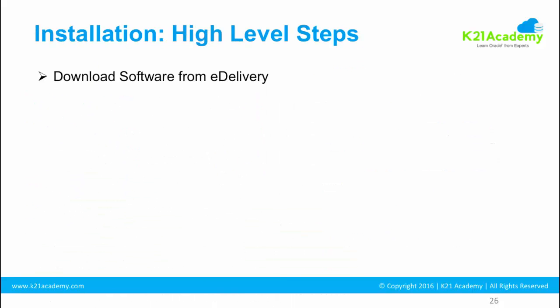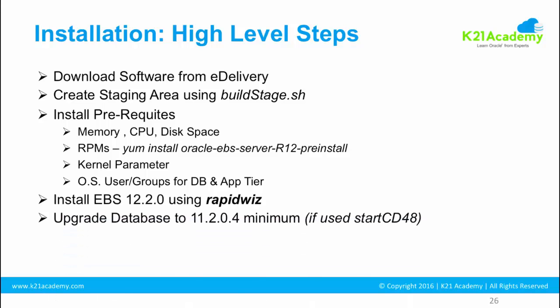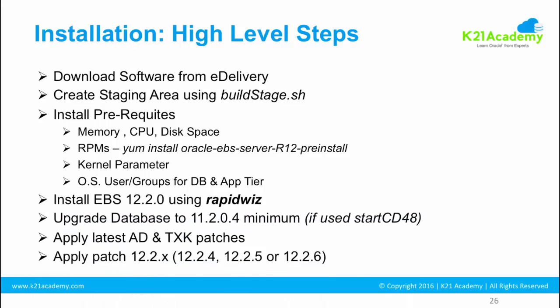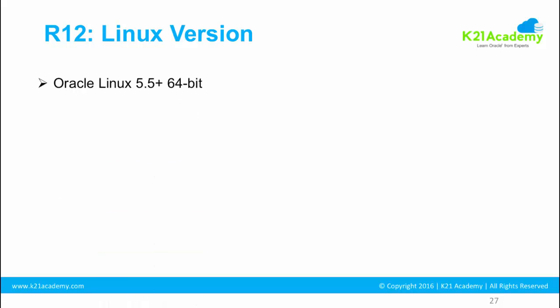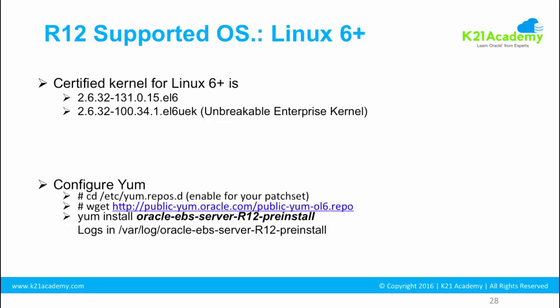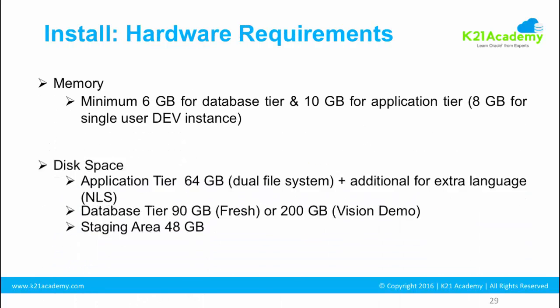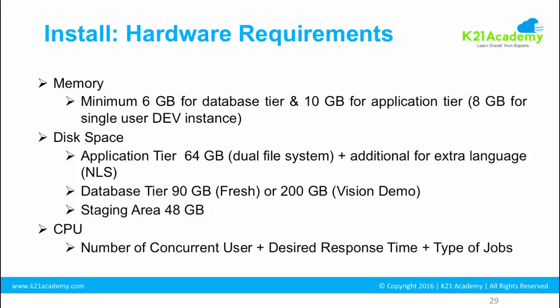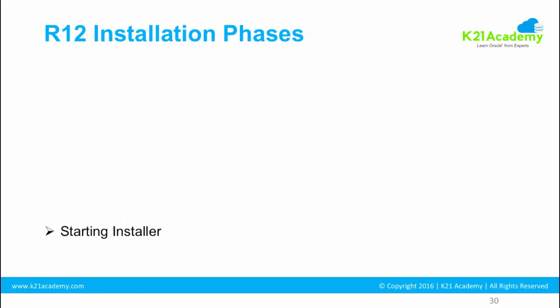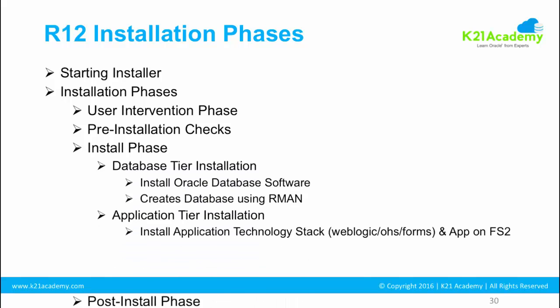Then I went into the high-level installation steps of Oracle E-Business Suite 12.2 and then upgrading to 12.2.5, 4 or 6. Then I covered which Linux versions, specifically Linux 6, and the memory, disk space and CPU requirements and various phases in installation.